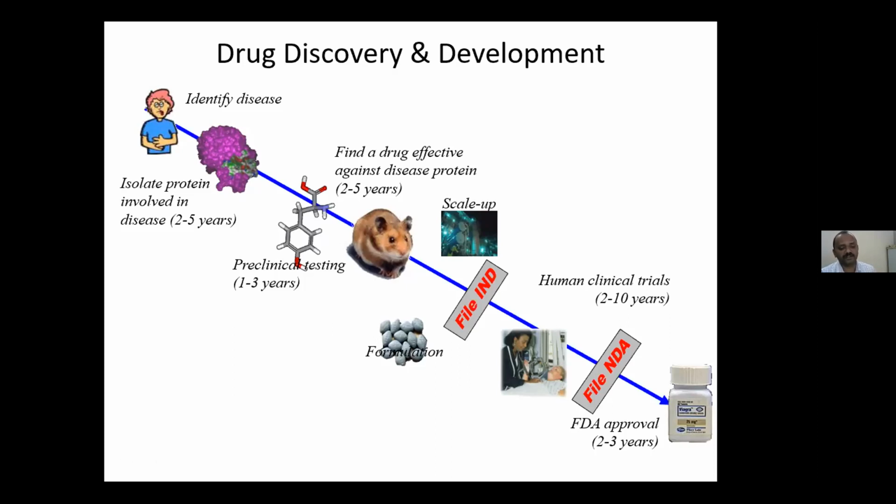Then we should find a way to produce this protein by recombinant DNA technology, so that we can get it in abundant amounts to screen libraries of compounds. If you want to screen libraries of compounds or ligands, you should have a protein so that you can do ligand protein binding studies, and with that we can come out with certain ligands.